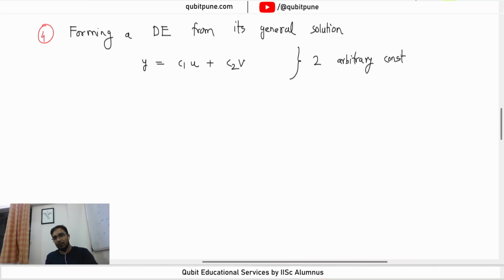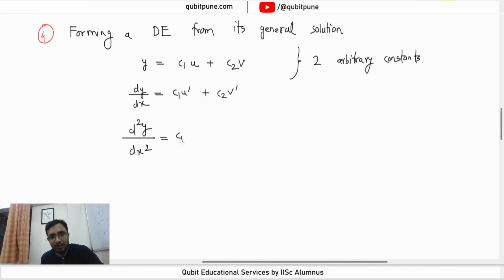Now, what will be dy by dx? It will be C1u prime plus C2v prime, and we know if our general solution has n arbitrary constants, then our differential equation has to be of the nth order. So d2y by dx squared will be equal to C1u double prime plus C2v double prime.